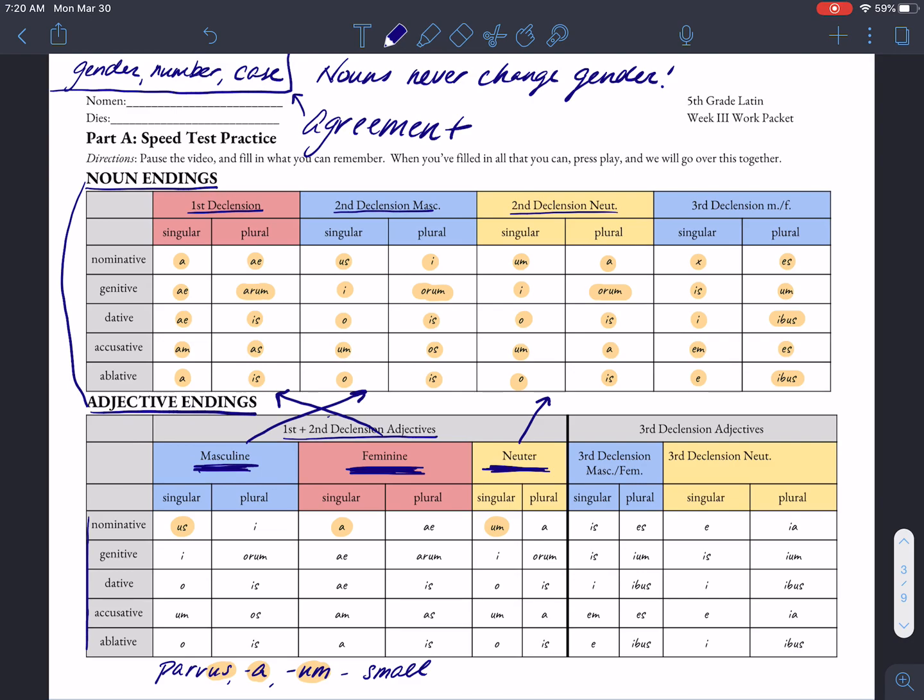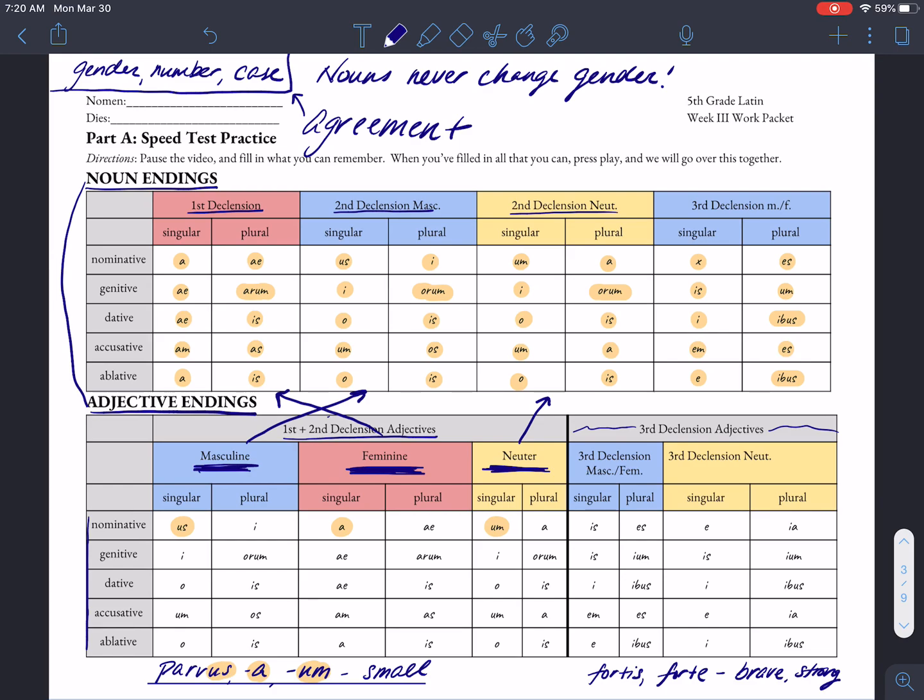But in Latin, there are two types of adjectives. There's ones like parvus, parva, parvum, your first declension adjective. But we also have third declension adjectives, and those look like this: fortis, forte, and that means brave or strong.